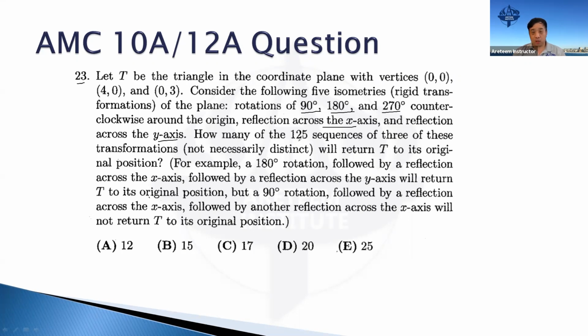We do 3 of these 5 transformations in any combination, and the question is which combinations of 3 return to the original position, making the identity, and how many ways can we get the identity.